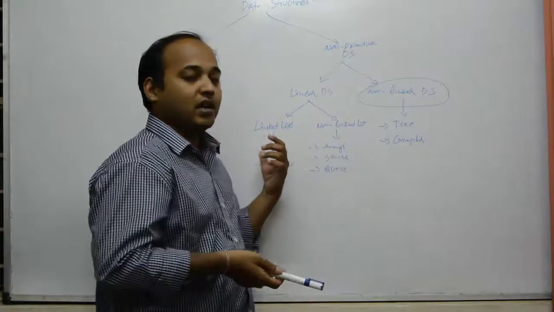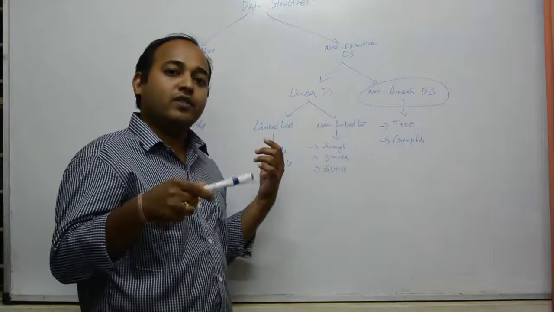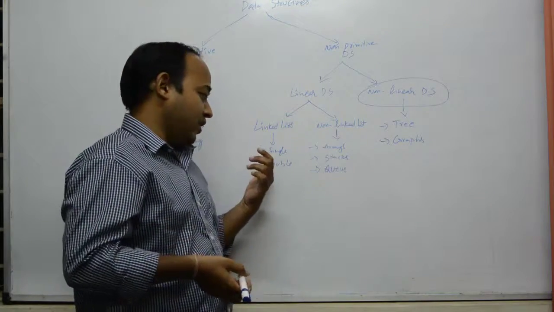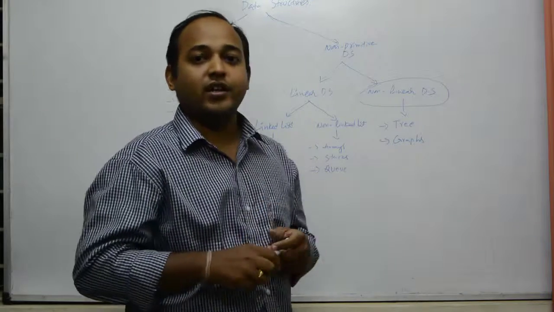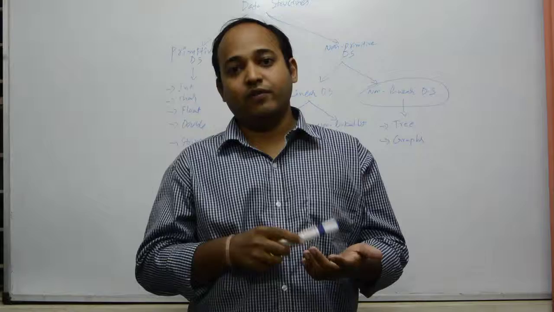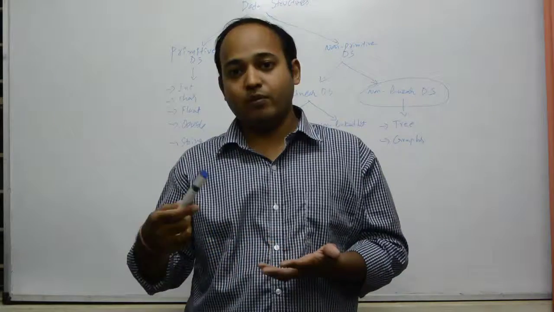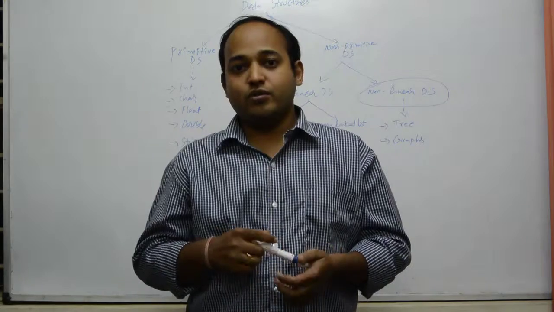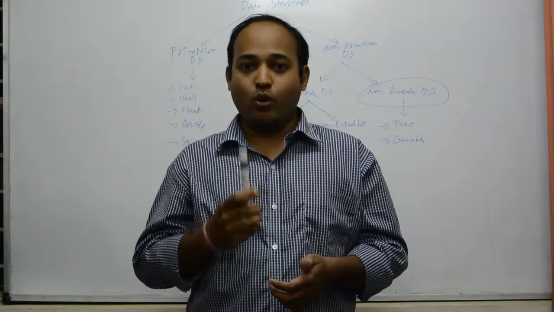So every node will reference the next node. The second one is the double linked list. In a double linked list, each node references the previous and the next location of the memory. So here two pointers are used to denote one node.